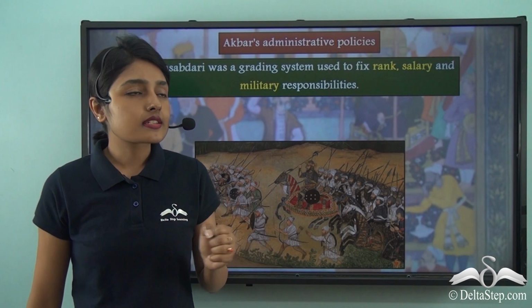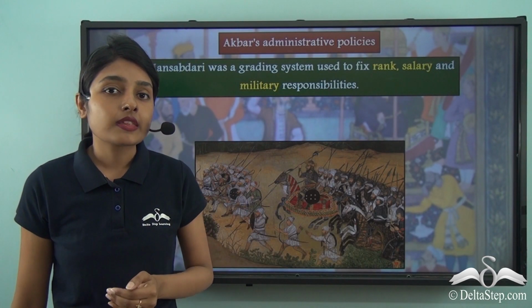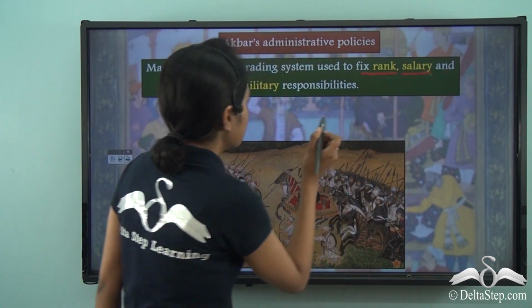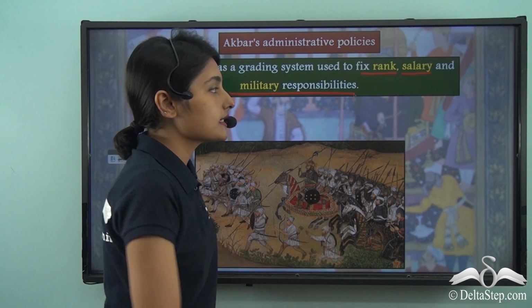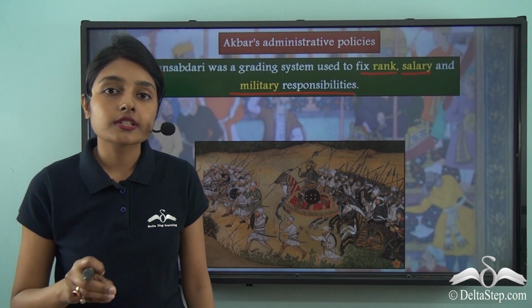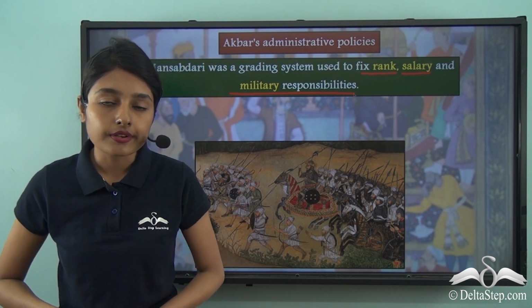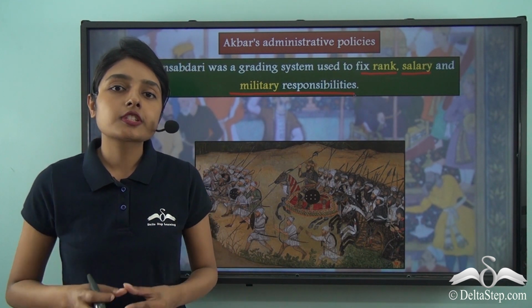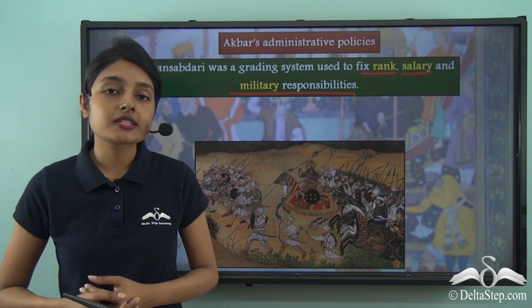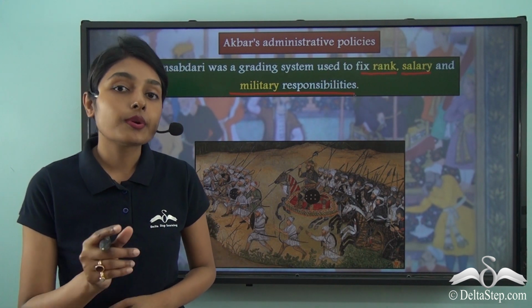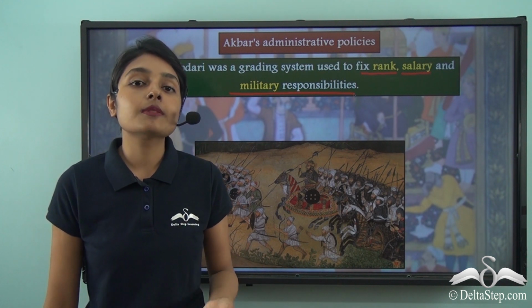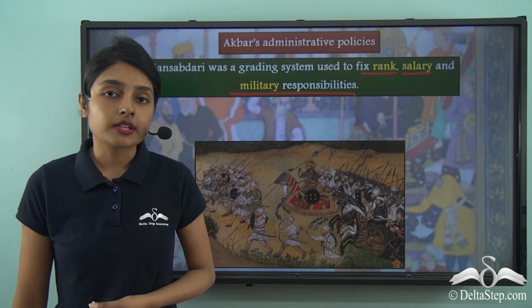The Mansabdari system was a grading system and it was used to fix rank, salary and responsibilities of those officials who served the Mughal Empire. So basically these officials who served the Mughal Empire in different capacities were given a particular rank under this Mansabdari system, and then these people came to be known as the Mansabdars.